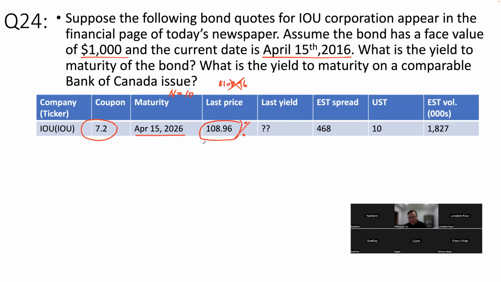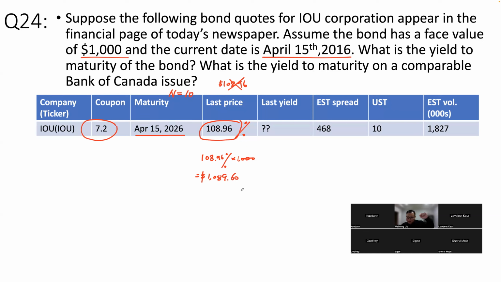So basically, the last price was 108.96% times face value 1,000. So the price in terms of dollar amount is 1,089.60.